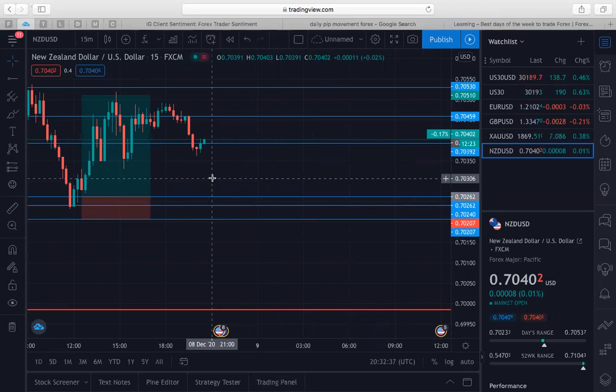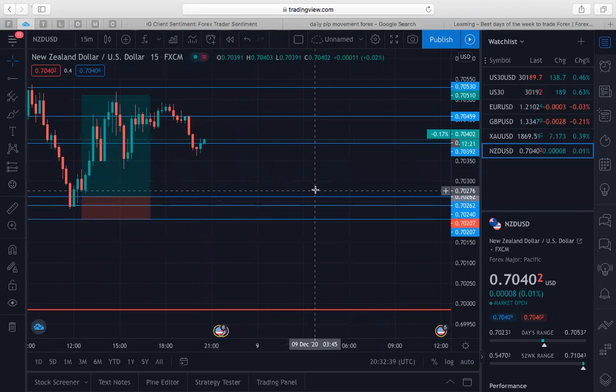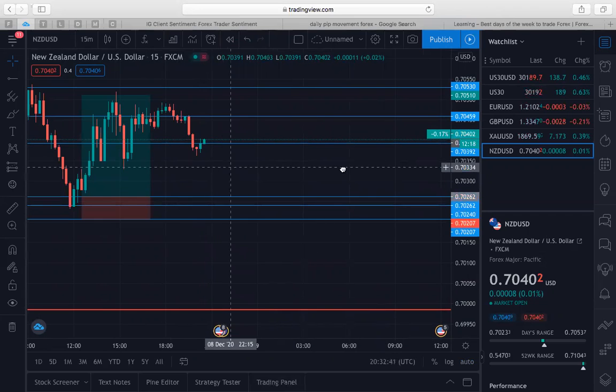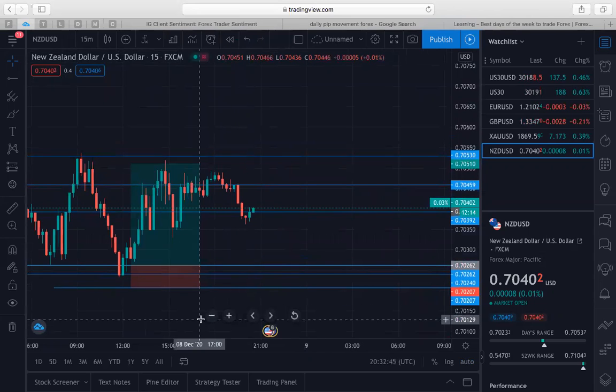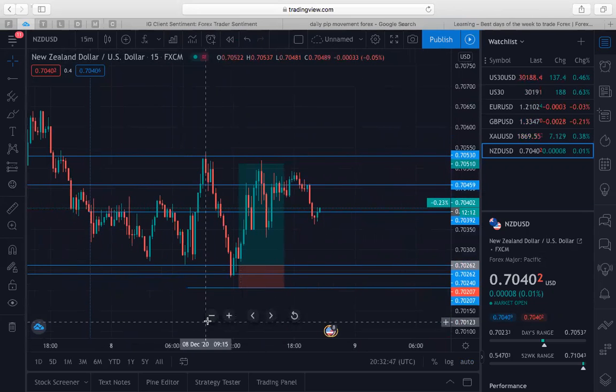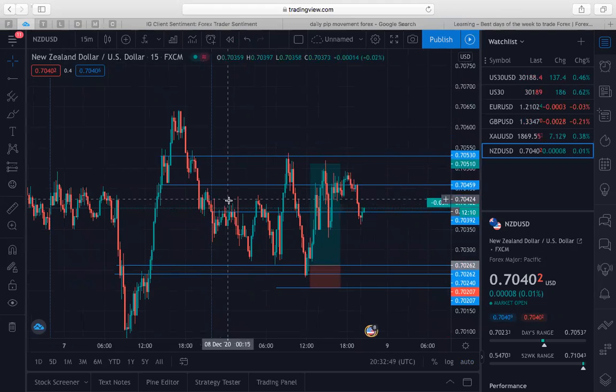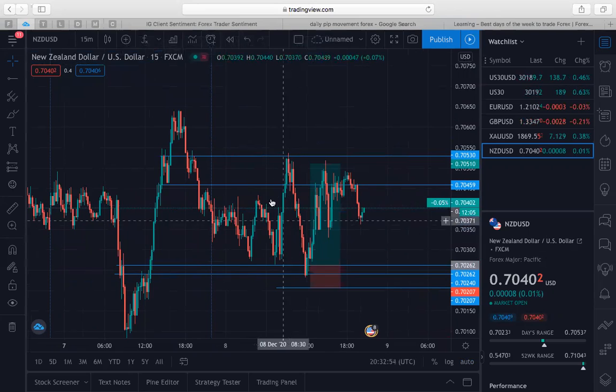Now, yeah, this zone is still active, but I don't think it will be at this zone. So what I'm expecting tomorrow is maybe from this point here, this is the day open for today. I'm going to delete this. So you could see I have this zone here.